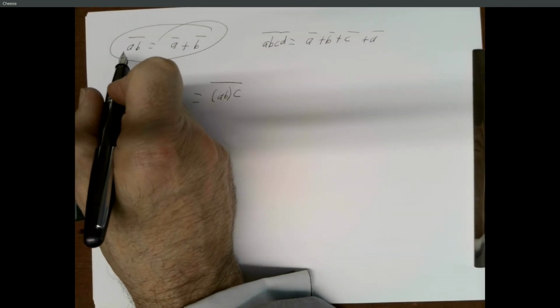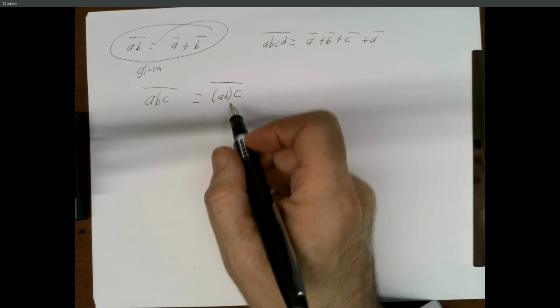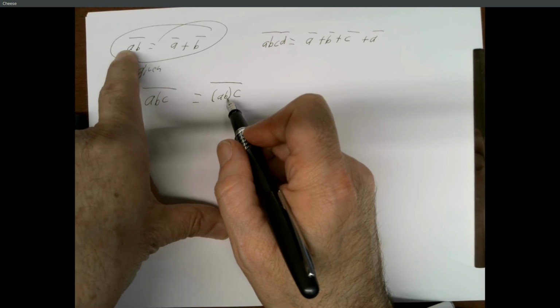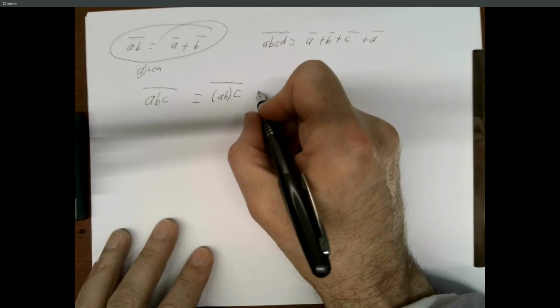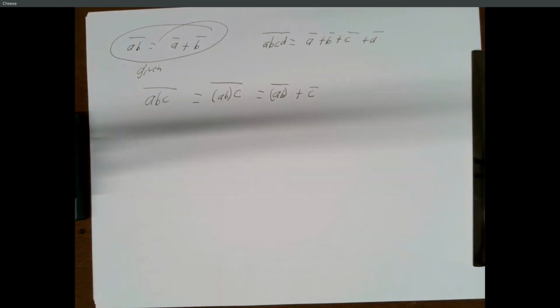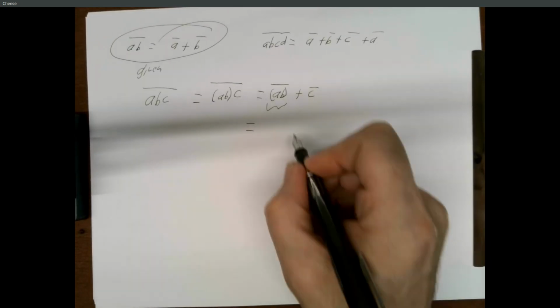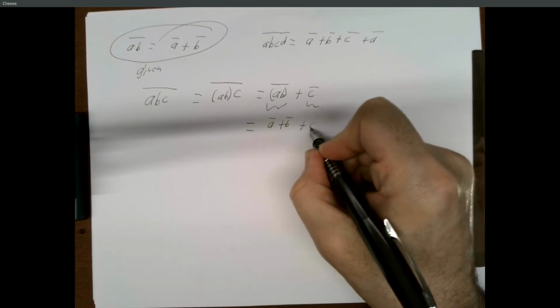A has a binary value, but AB is also a thing with a binary value, right? So if I treat this as the first term and C as the second term, De Morgan's theorem on 2 variables tells me this is equal to the complement of the first thing ORed with the complement of the second thing. That's just 2-variable De Morgan's. But I can apply that again, and 2-variable De Morgan's tells me AB bar is equal to A bar or B bar. And I've still got my or C bar. I just proved the 3-variable version.